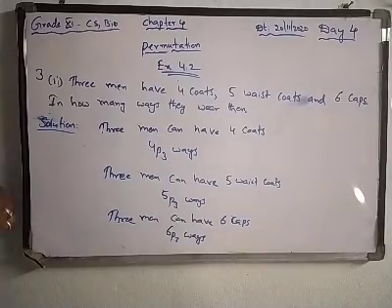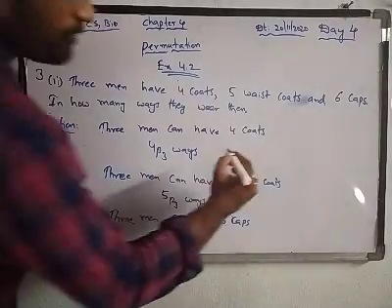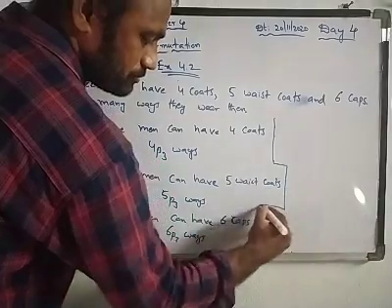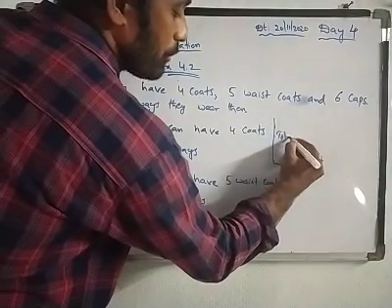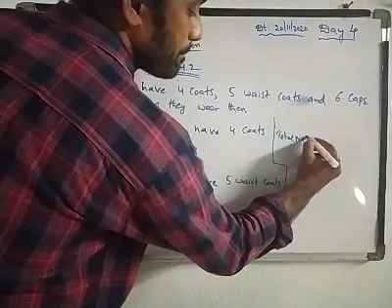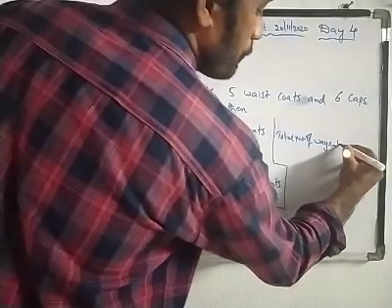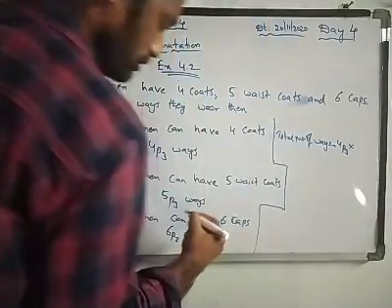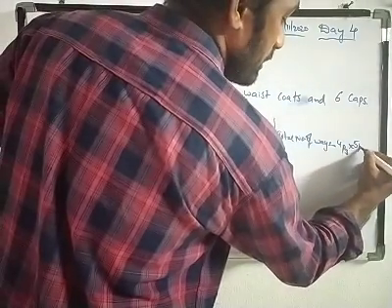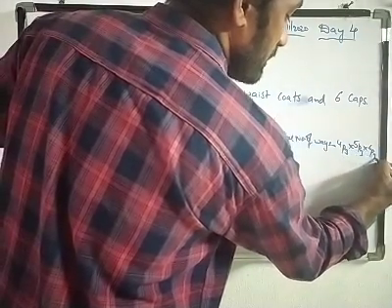So therefore total number of ways is equal to 4P3 into 5P3 into 6P3.